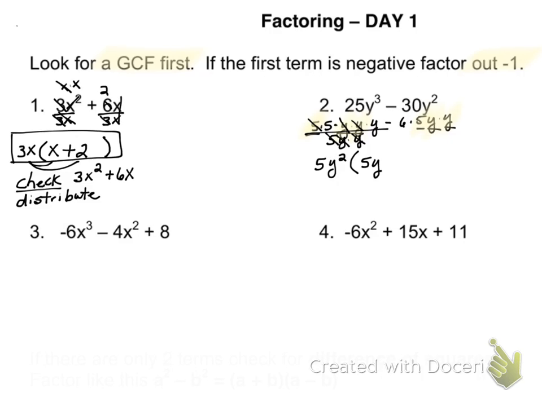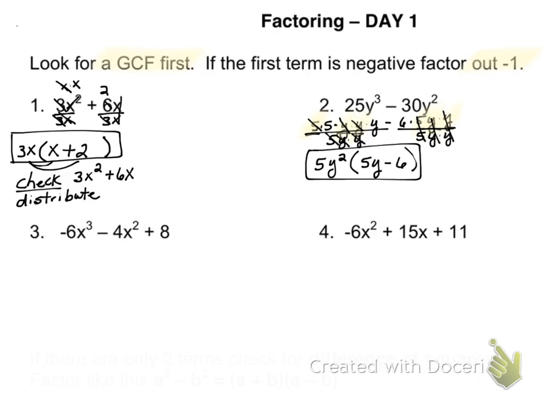Now, looking at this next one, when I divide by 5y squared, the 5 and the y's cancel, and so I'm left with a minus 6. And so that's the final answer when I factor out the greatest common factor from that problem.